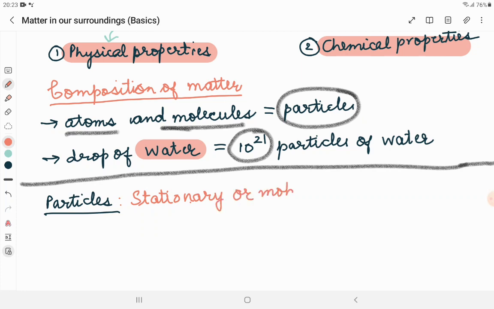This thing we have to explain with the help of one experiment or one activity that we can perform. In the exam also the question can be directly framed: prove whether the particles are stationary or mobile with the help of an example or one experiment.